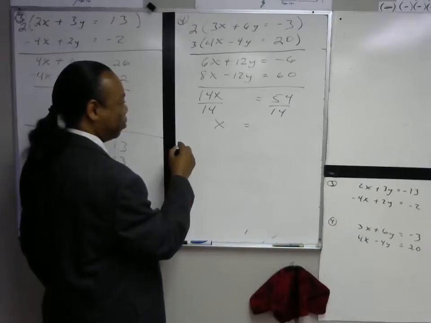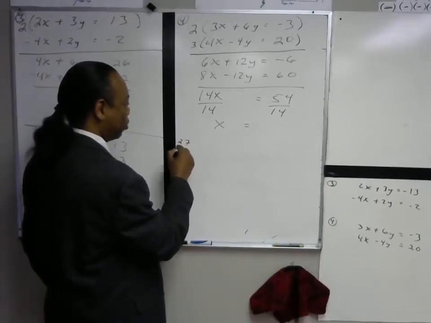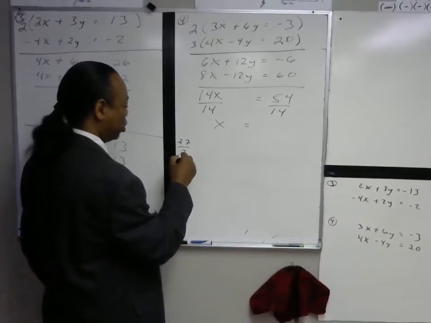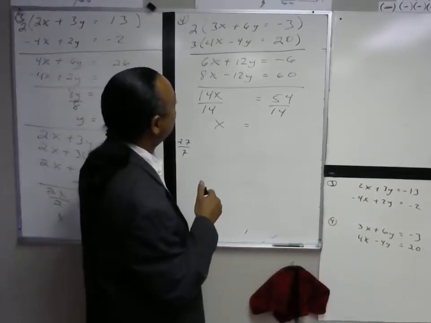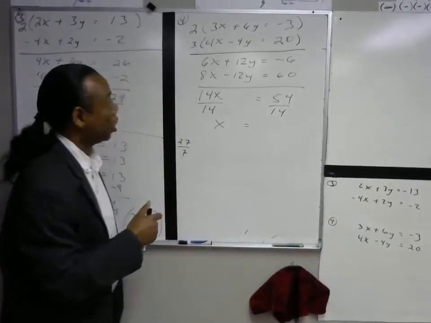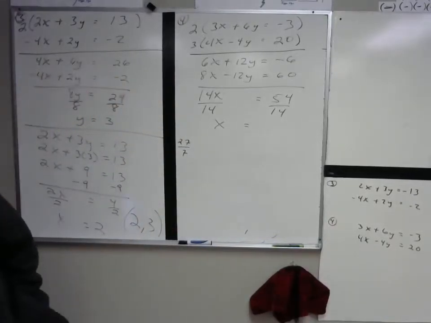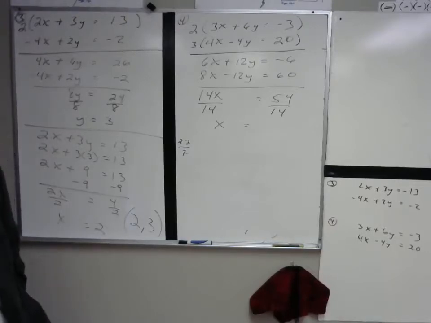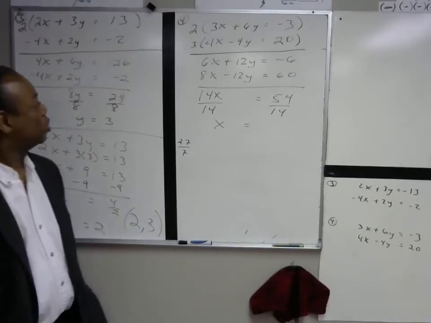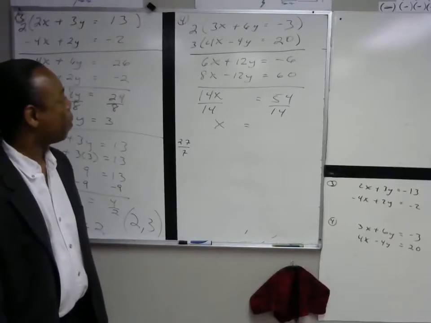Half of 54 is 27. Half of 14 is 7. Am I getting any even divisions? Let's see if I made any mistakes with my negatives and positives. Seems like I recorded everything correctly.